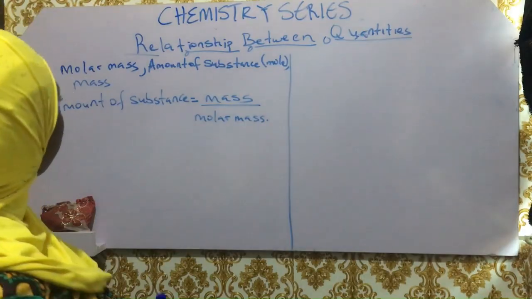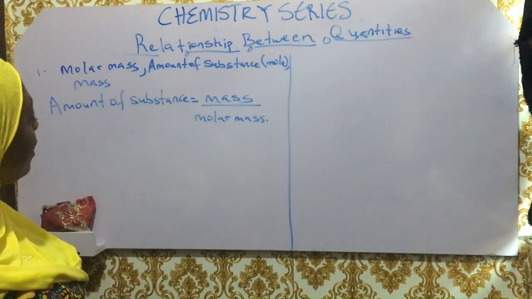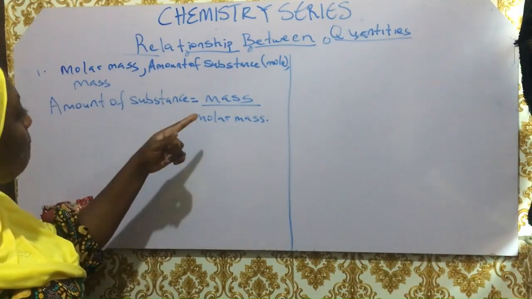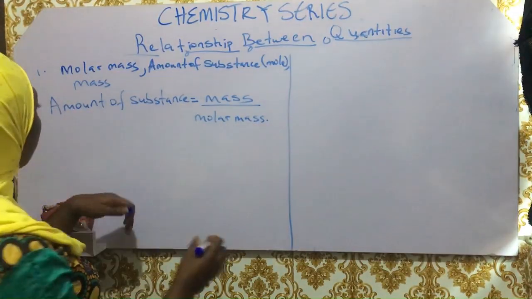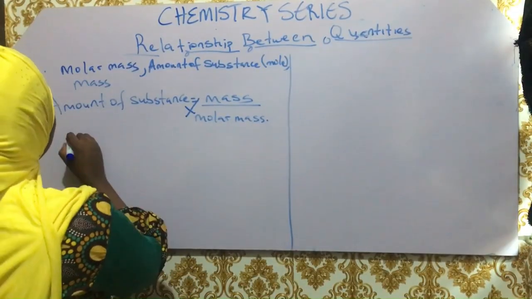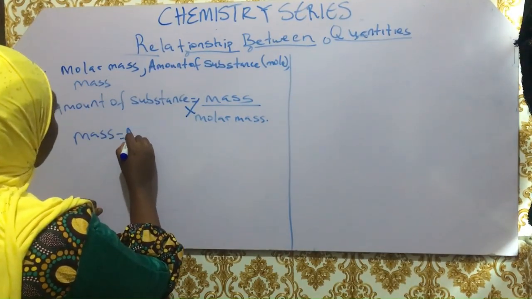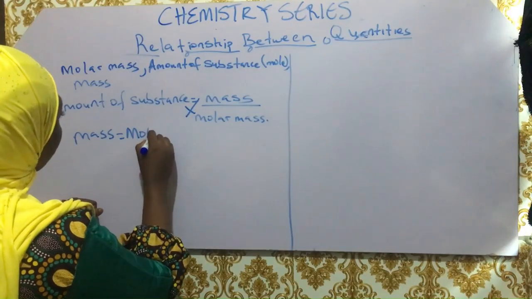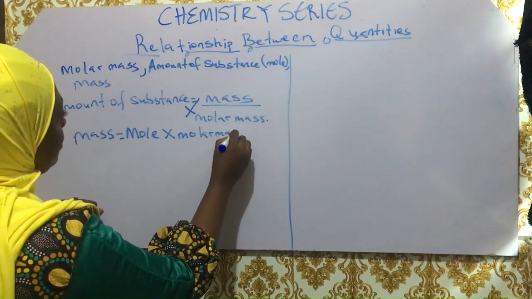Let's continue. Now you have amount of substance is equal to mass over molar mass. Let's try to make mass the subject of the formula. To make mass the subject of the formula, you simply cross multiply. So when you cross multiply, mass is going to be equal to amount of substance, which is mole, multiplied by molar mass.